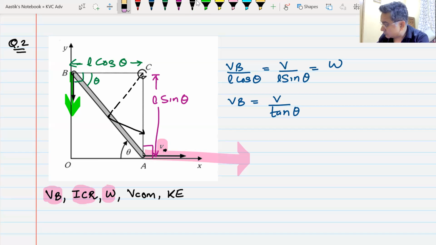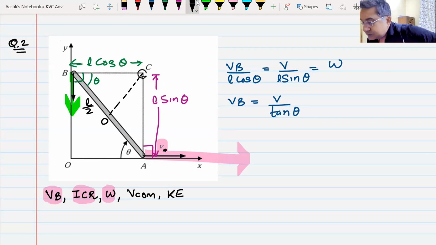You know the length of this part. If I call this point as O, you know the length of this is L by 2.